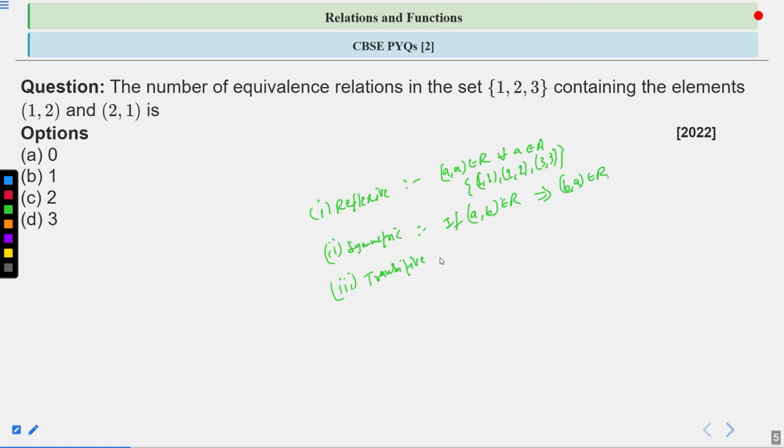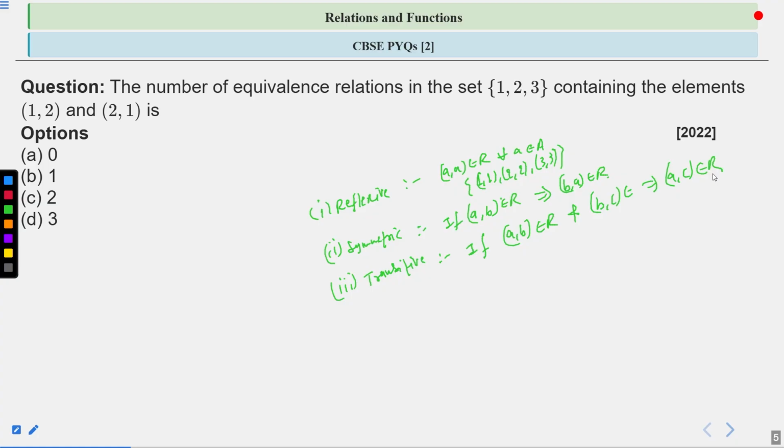And what is the condition of transitivity? If (a, b) belongs to R and (b, c) belongs to R, this implies (a, c) must belong to R. You must focus here that the whole statement must be satisfied.